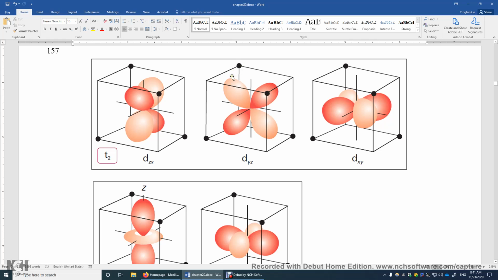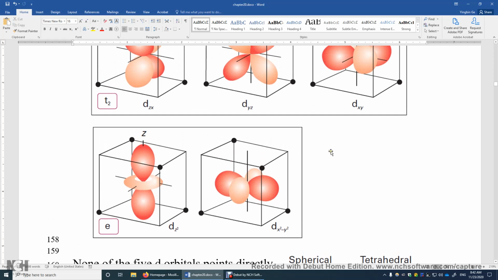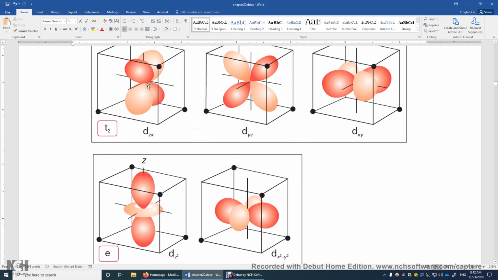Same here. Now again, look at this. This is roughly 0.7 times the side. And also, the distance between this negative charge and this lobe is also roughly 0.7 times the side. So, semi-quantitatively, I just explained why these 3 d orbitals have higher energy than these 2.